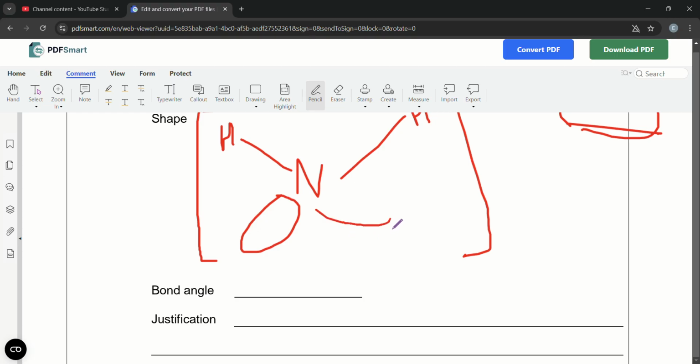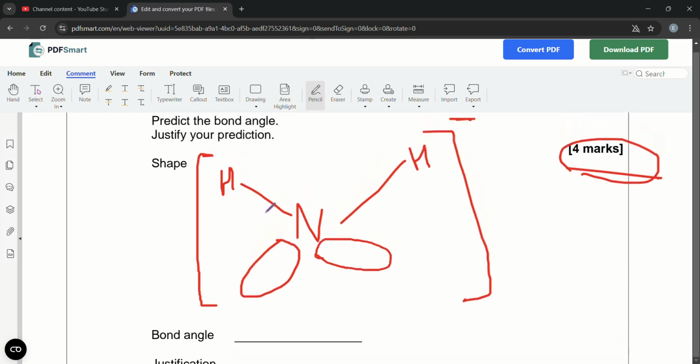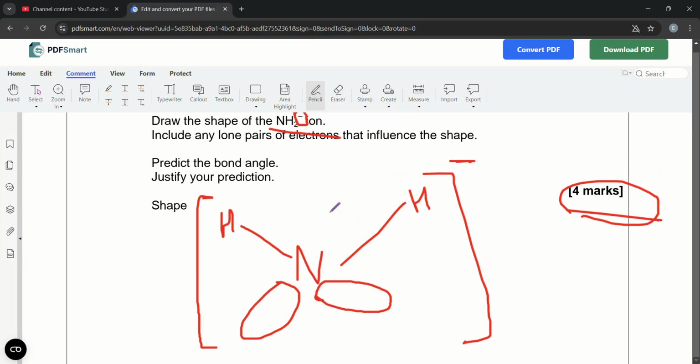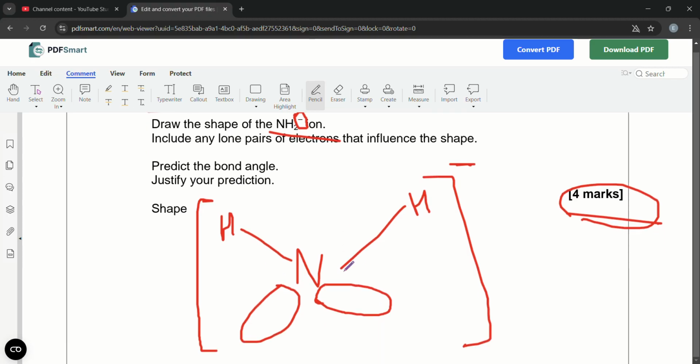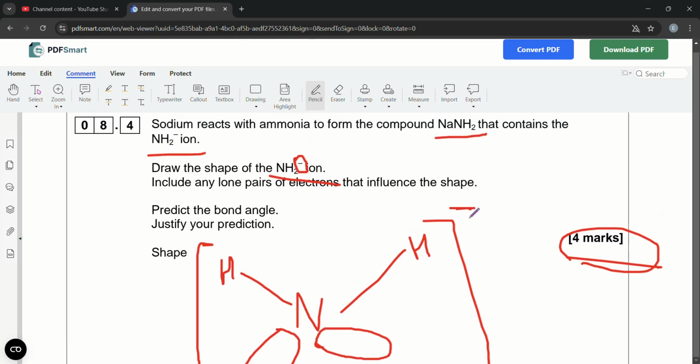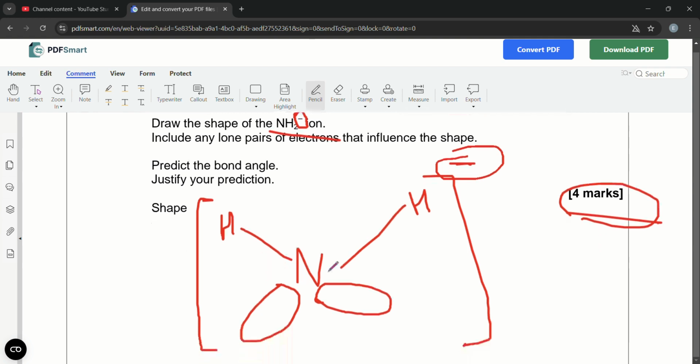So it's going to have 2 lone pairs of electrons. Think about it. Bonded to 2 hydrogens, but you're also going to add an electron because there's a negative charge. So it would have 3 electrons, but now it's going to have 4, so therefore 2 lone pairs of electrons.